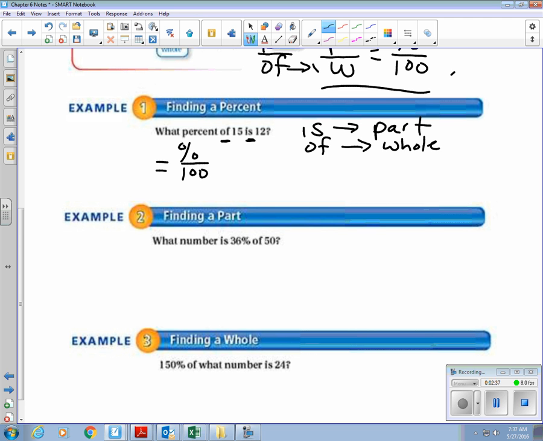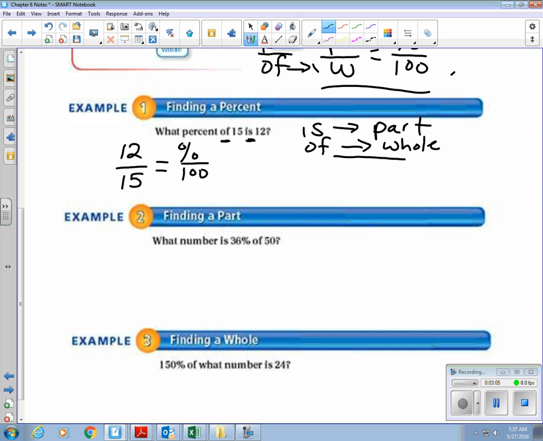Percent out of 100. The percent is what we're looking for. Of 15. Of represents the whole amount. So on this side, the 15 goes in the bottom where the whole amount would go. Is represents 12. So the 12 would go up top where the part would be. So is tells us the part, of tells us the whole. So we get 12 over 15 is equal to some percent out of 100.